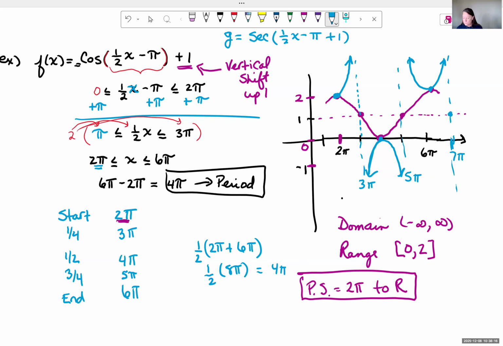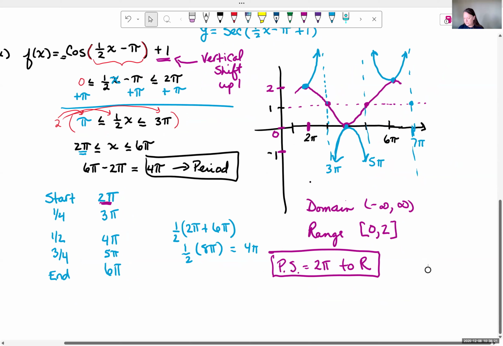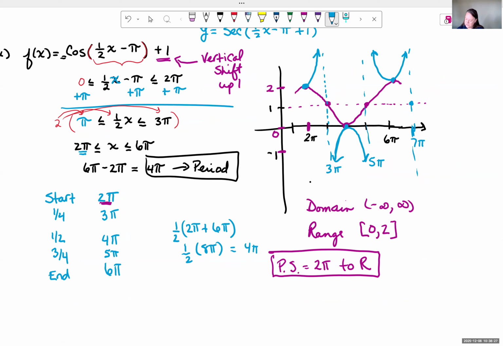It wanted to know the domain. So for the domain, we have to exclude any vertical asymptotes. And again, I could see a pattern here. I'm also going to hit one here. So 1 pi, I can notice that it's every odd number, 1, 3, 5, 7. So to write odd numbers, that's like 2 times x plus 1. Or maybe, because we're using x on other things, maybe n.